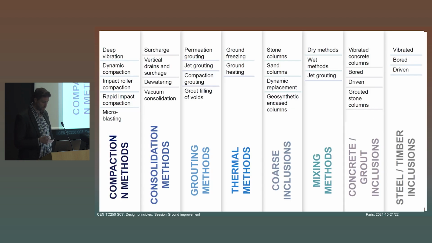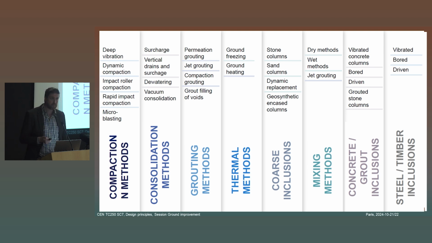At the beginning of the process of redacting this new chapter, this is a baby chapter, in fact, this is the first time that we deal with ground improvement in the Eurocode. It was very challenging because in ground improvement, we use a lot of different execution techniques, presenting a versatility in terms of nature of the technique that we are using.